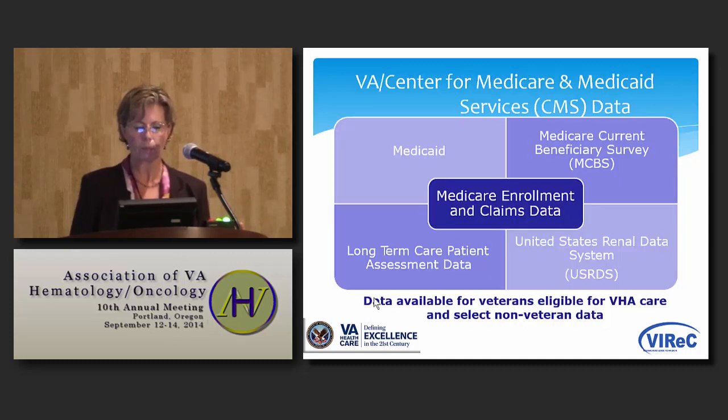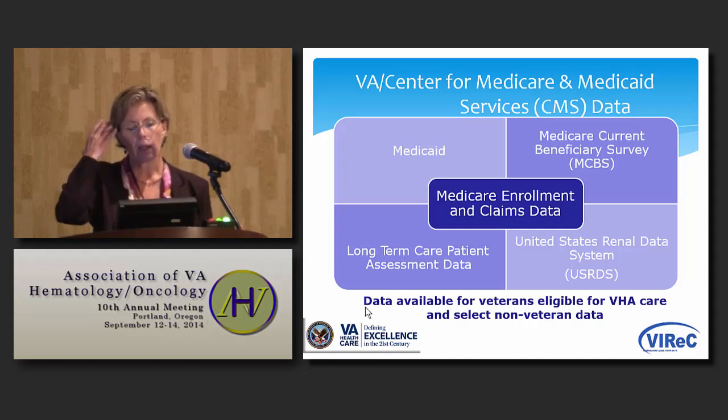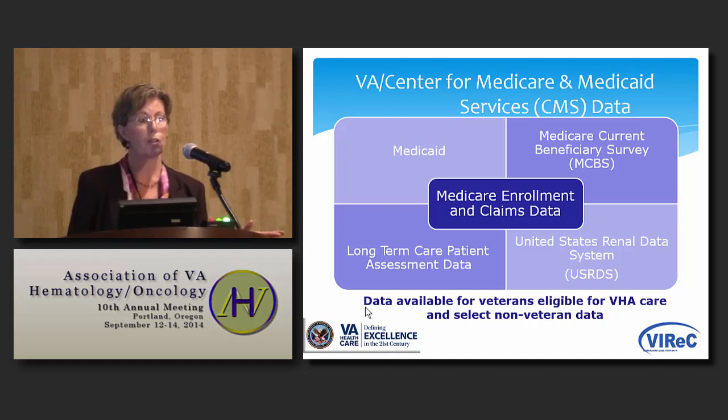Again, managed by national data systems, and there are great details about this information on many websites. VIREC is one. I also want to highlight data sets that weren't mentioned yet that we actually happen to manage at the VA Information Resource Center, VIREC. That is Center for Medicare and Medicaid Services data. There are actually two offices that manage these data. I have to get my acronyms right: the VHA Assistant Deputy Undersecretary for Health for Policy and Planning manages the coordination between the agencies, CMS and VA.